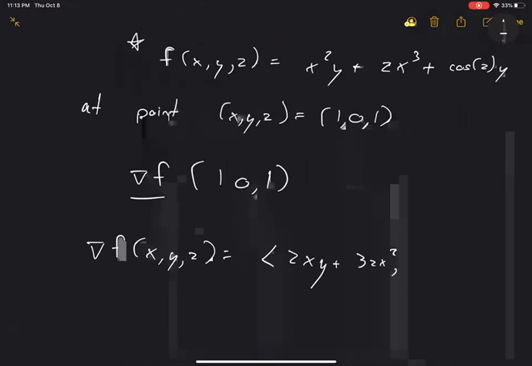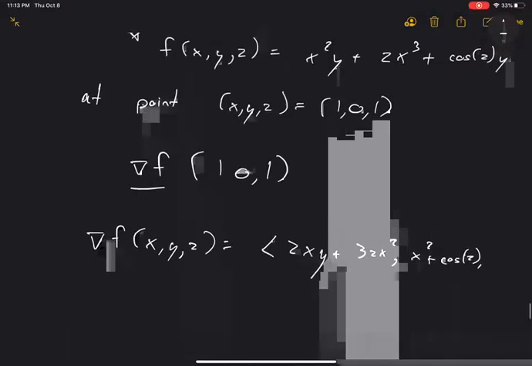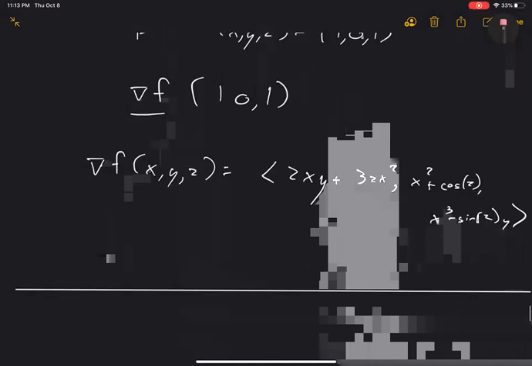The partial derivative with respect to y is x squared plus cosine of z. Then finally, with respect to z, it's x cubed minus sine z of y. Okay, so that's my del f.